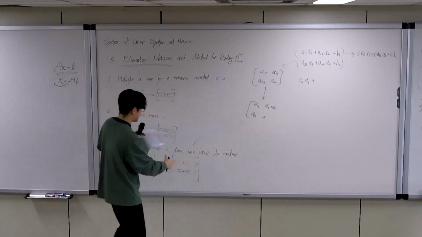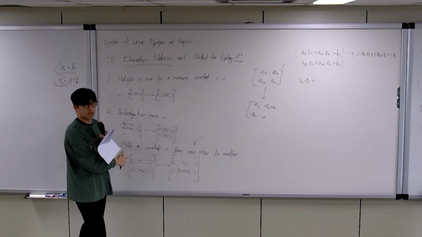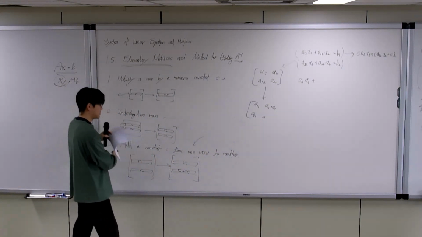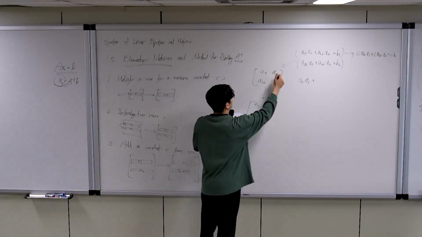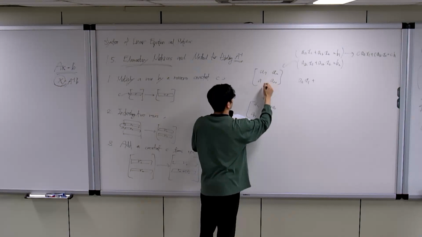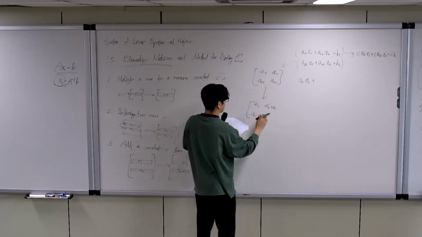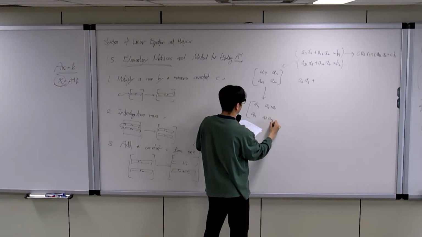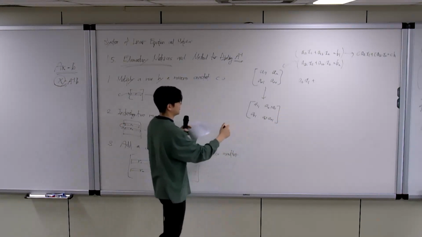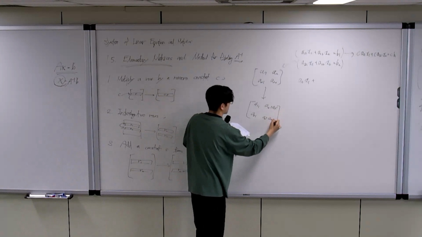Just column operation. Oh, 1 2, sorry. 1 1 2 1 1, a22 a21, by multiplying c.